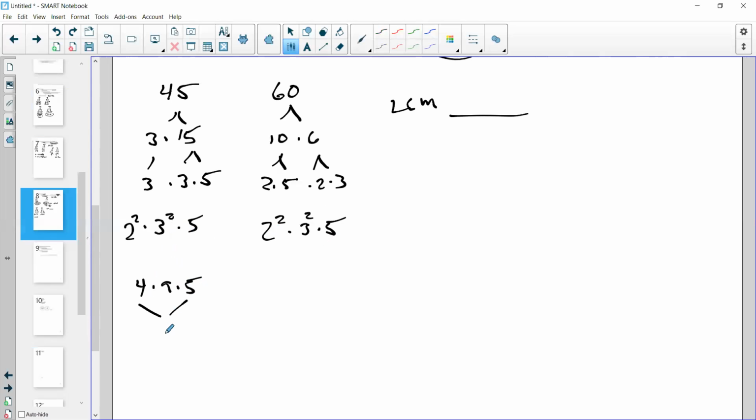So 4 and 5, that's 20 times 9. That should be 180. So the least common multiple of 45 and 60 would be 180, and we did that by using the build-up method.